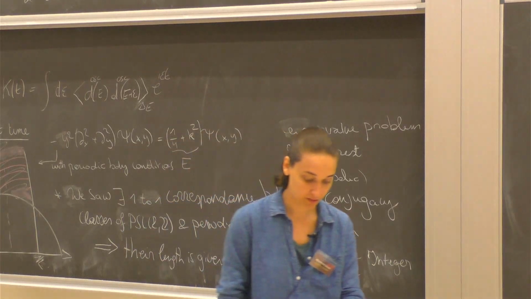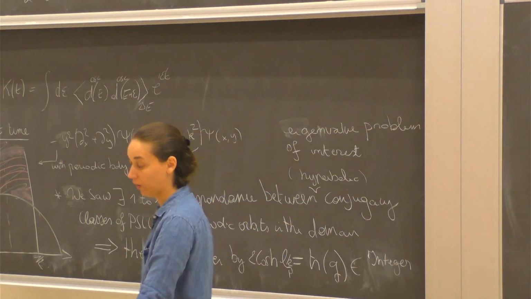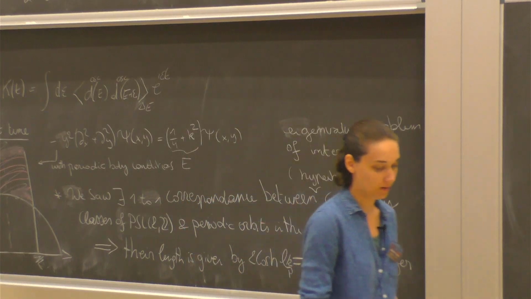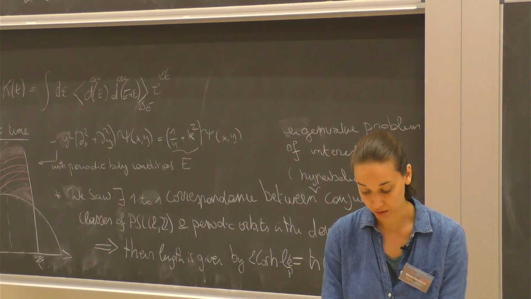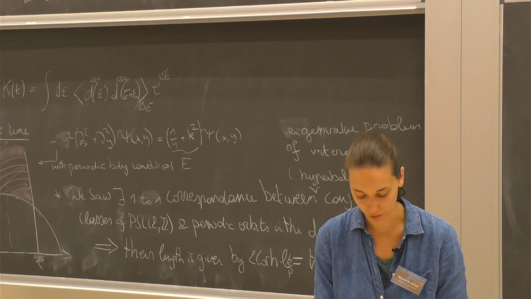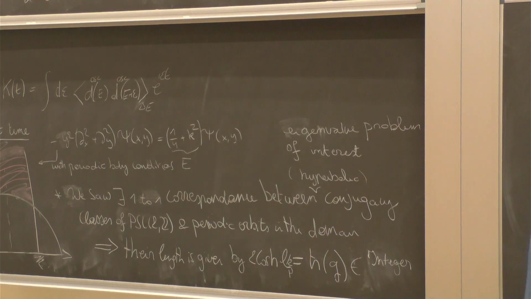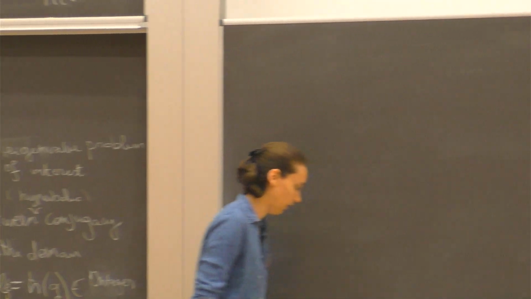So the first thing that I'll do is immediately one of the main aspects of this story that will lead to the exponential growth. It's the fact that the periodic orbits in this type of triangles have exact degeneracies in the length spectrum.